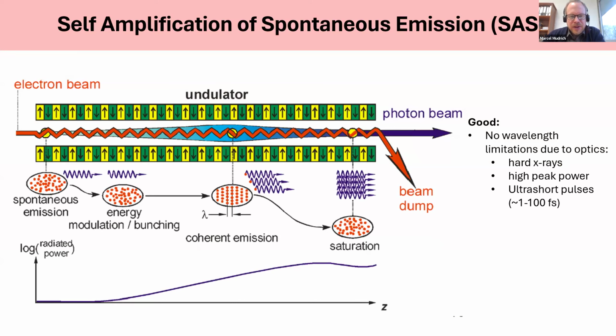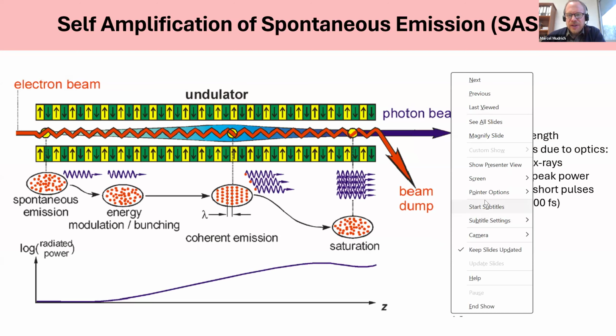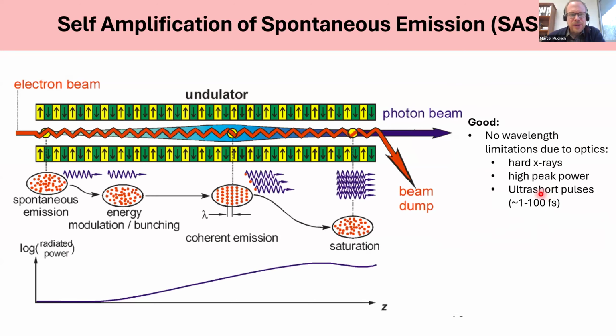So last time we started discussing the SASE principle to generate laser-like activity in an undulator, where the undulator represents the gain medium, just like the laser medium in a conventional laser, like a discharge in a gas laser or an optically pumped crystal in a solid state laser.